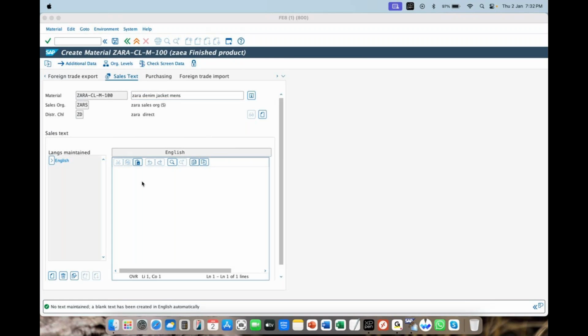For example, say Zara new 2025 launch, eco-friendly, because these days we hear this a lot, eco-friendly. 85% cotton and 15% say nylon or elastic, something of that kind. Eco-friendly means it consumes very little water in the maintenance of this jacket.